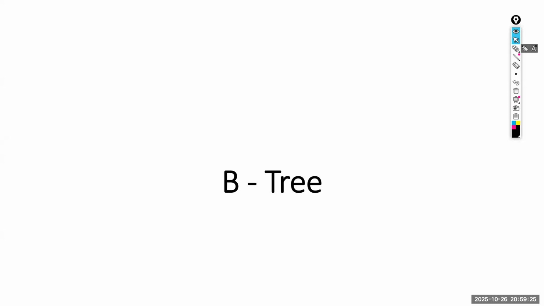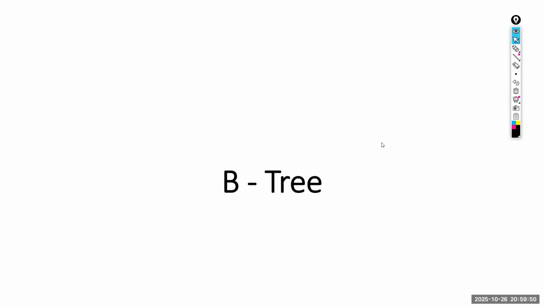But there can be situations where you need more than 2 children. So that means it's a normal tree. It's not restricted to binary. And those normal trees are called B trees. That means it's not necessarily a binary tree.